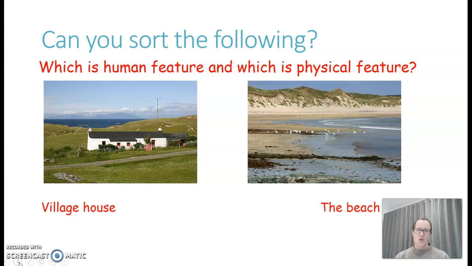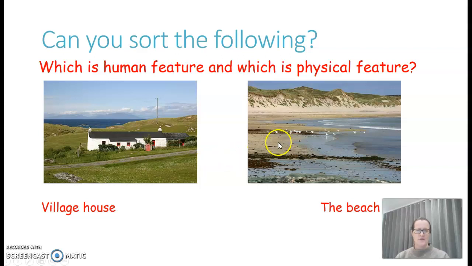What about this then? Can you sort the following? Is it a human feature or a physical feature? The first one is the village house. Is that a human feature, so was man-made, or is it a physical feature, so it's naturally occurring? What do you think about that? Have a little think and maybe talk to the person that's with you.